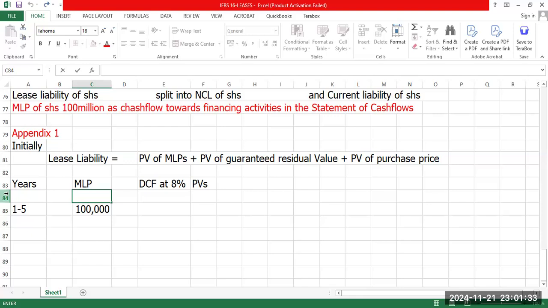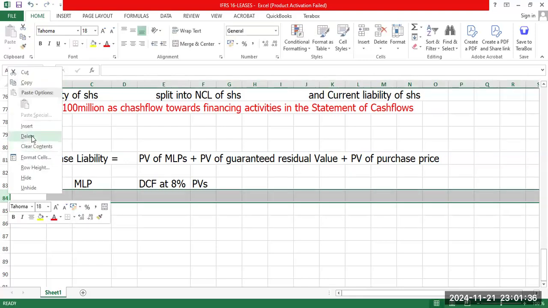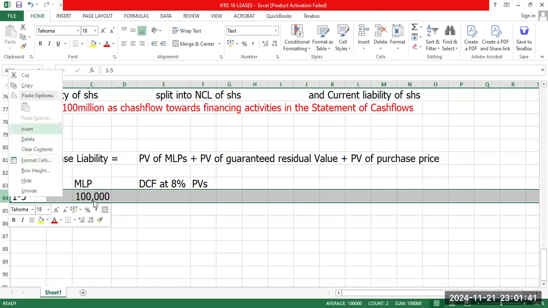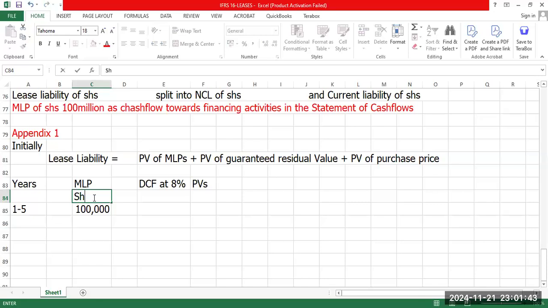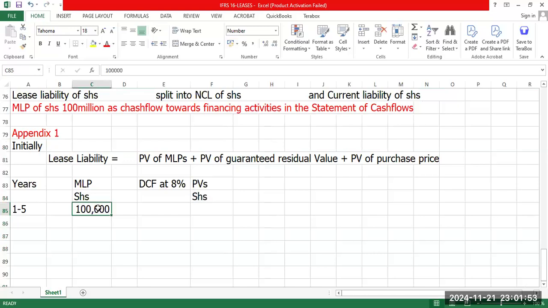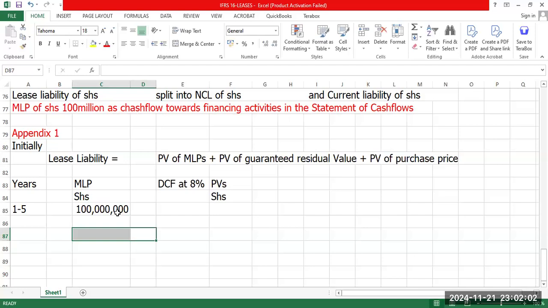I normally keep some 3 zeros to help me with time, because every time you're writing a 0, there is a second going. So we are paying 100 million. Okay. What is the discount factor?